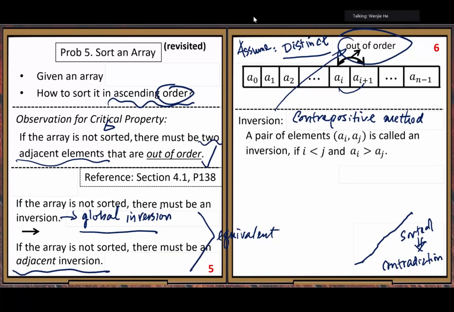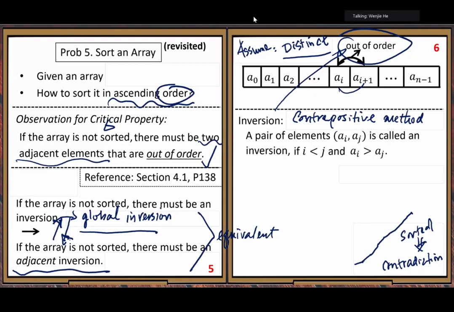You can do deductions both ways. If you have the bottom statement, you can conclude the top statement is correct. If you have the top statement, you can conclude the bottom statement is correct. So we call them equivalent.